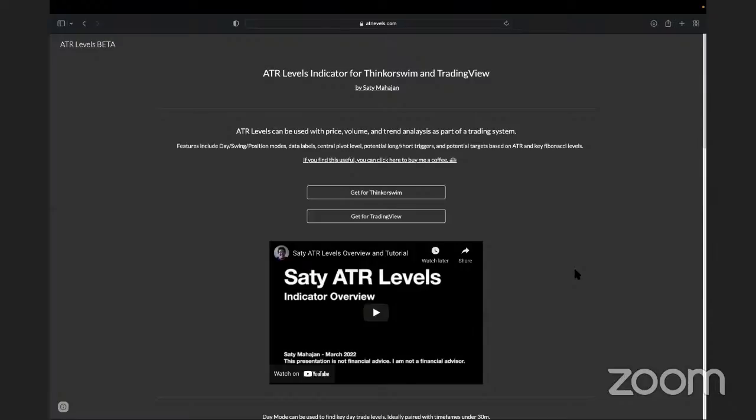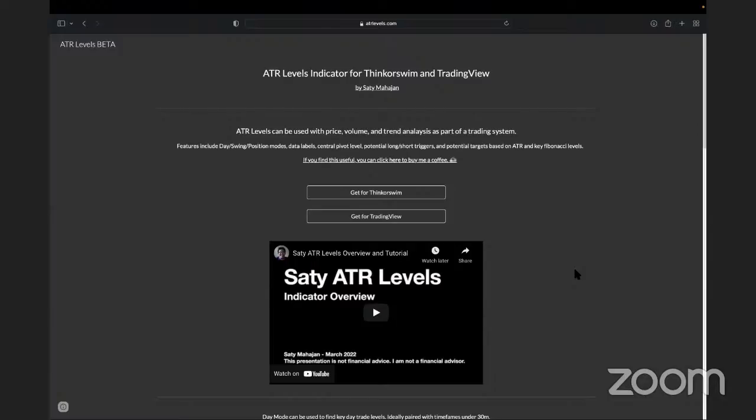You can use it on any time frame, for day, swing, or position trading. It gives you those levels on your chart, and some of those levels include triggers for going long and going short. So it provides a map for how to execute trades, if you want to use it that way.